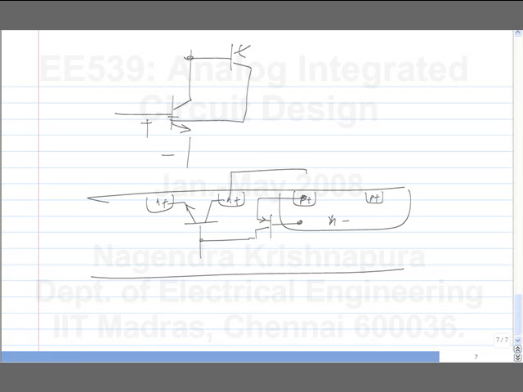When you have a CMOS inverter, this is what happens, right? The drain of this transistor is connected to this one, but there are also these parasitic junctions, okay.